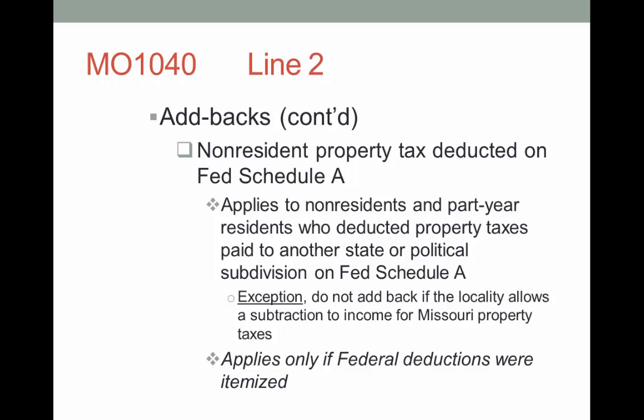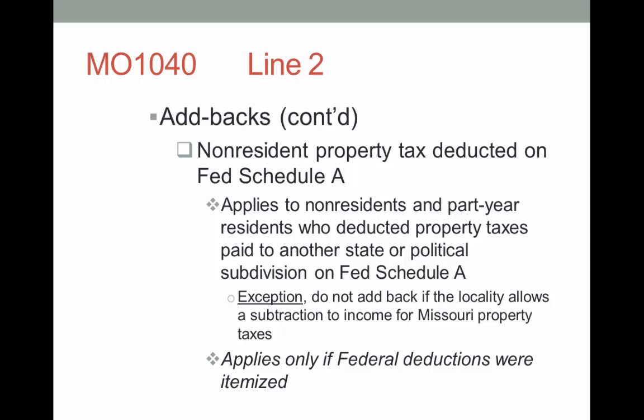And the reason that we have to add that back is because later on these people will be able to take a credit for taxes paid to localities outside of Missouri. So we add them back here and then take a credit for them later. They end up coming out better. But again, you only do this if deductions were itemized on the federal return and it showed up there. Otherwise, you don't have to worry about this adjustment either.